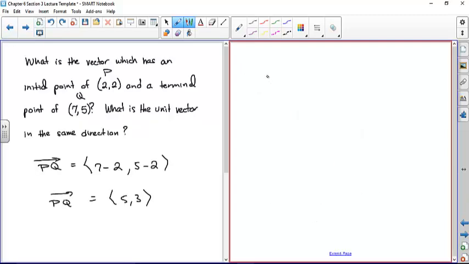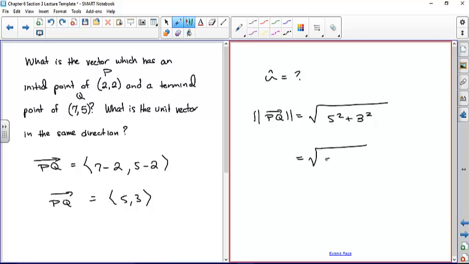So if you want to find a unit vector, first you need to find the magnitude of PQ. That's equal to the square root of 5 squared plus 3 squared, which is the square root of 25 plus 9, which is 34. So that's the magnitude of PQ.